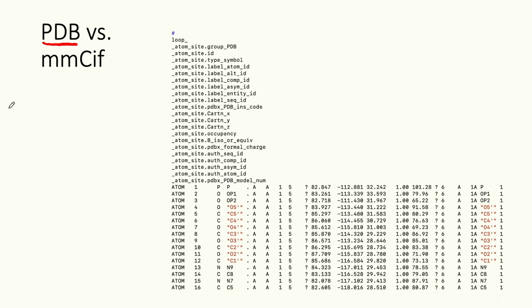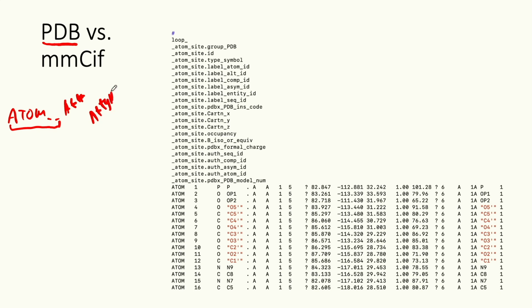Like you'd have different record types, and I guess the most important one was the atom record, right? So the first 6 letters, it was fixed format. So the first 6 columns were for your atom record type. So if it were atom, it would be the word atom and 2 blank spaces. And then it would have other columns, like atom number, maybe atom type.